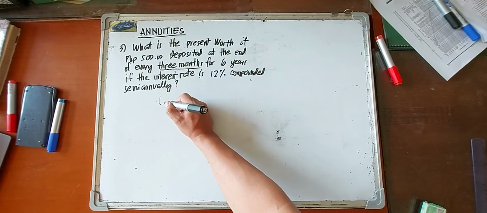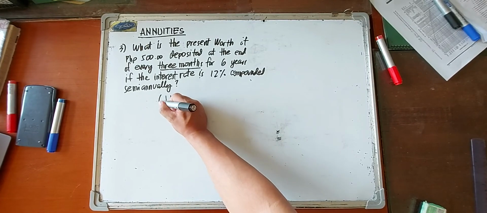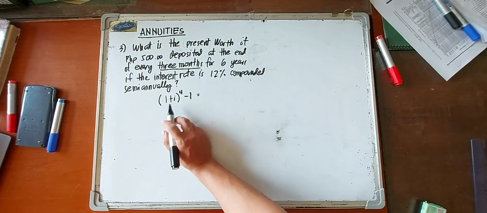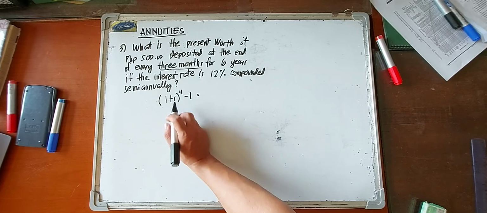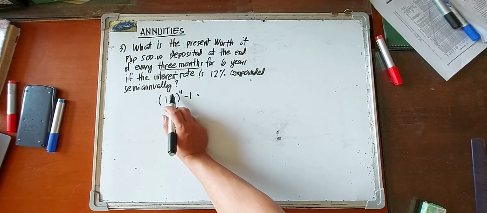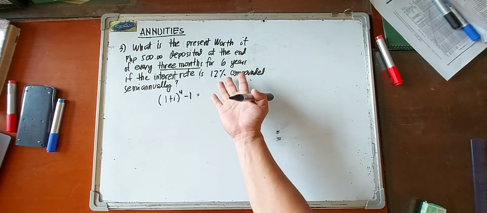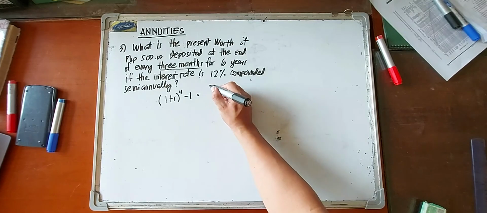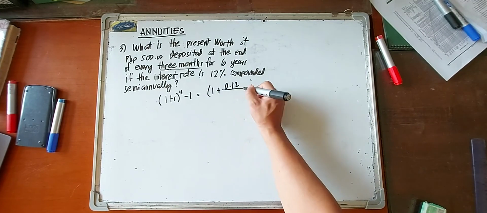Effective rate kapag quarterly is, so 1 plus i, raised to 4 minus 1. So ito yung effective rate kapag quarterly yung payment. So we are basically solving for the interest rate. Then equal yan sa effective rate kapag compounded semi-annually. Okay, so ano yung effective rate niya? It's 1 plus 12%.